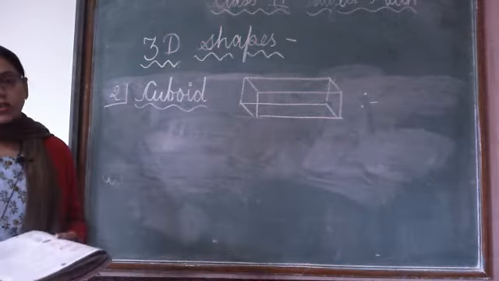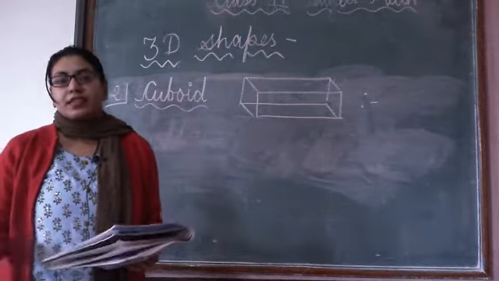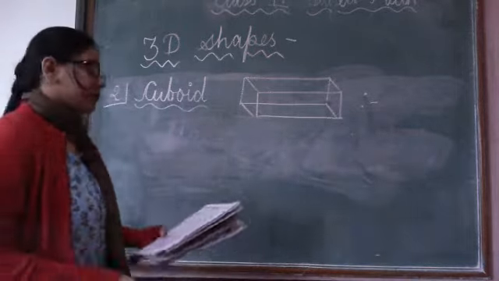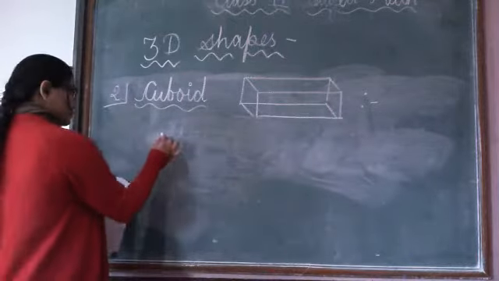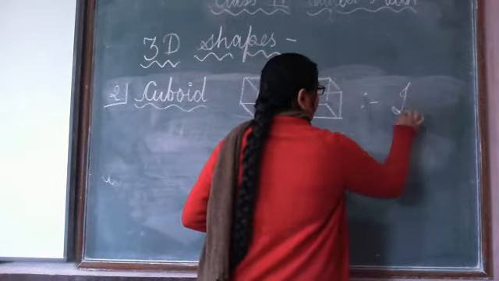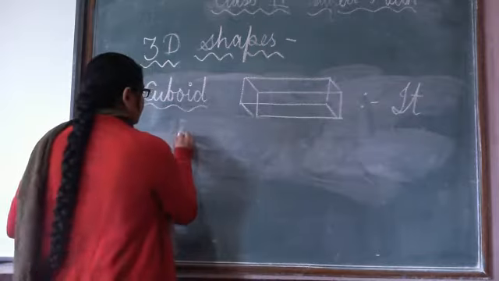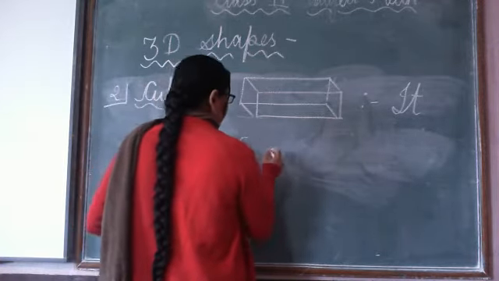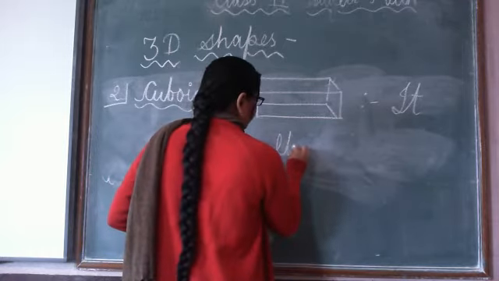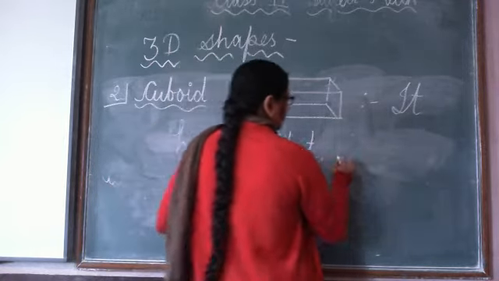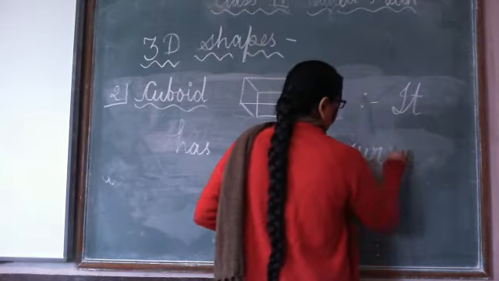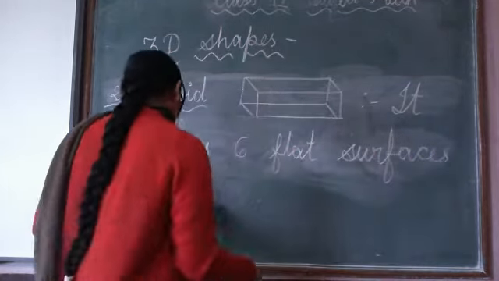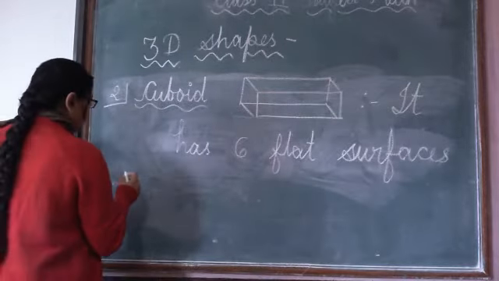Now cuboid is also having 6 flat surfaces and the opposite surfaces are equal. It has 6 flat surfaces, the opposite surfaces are equal.